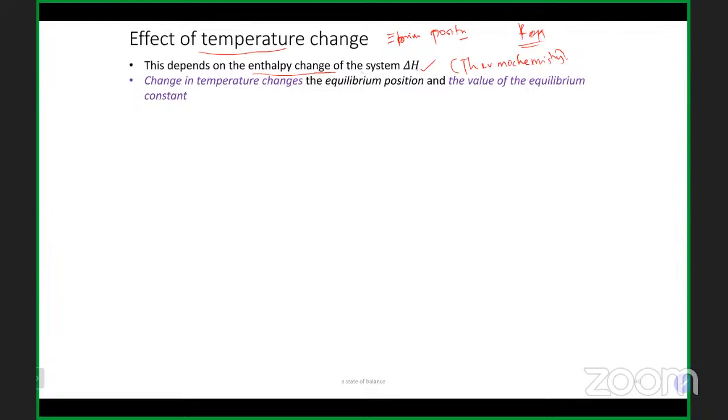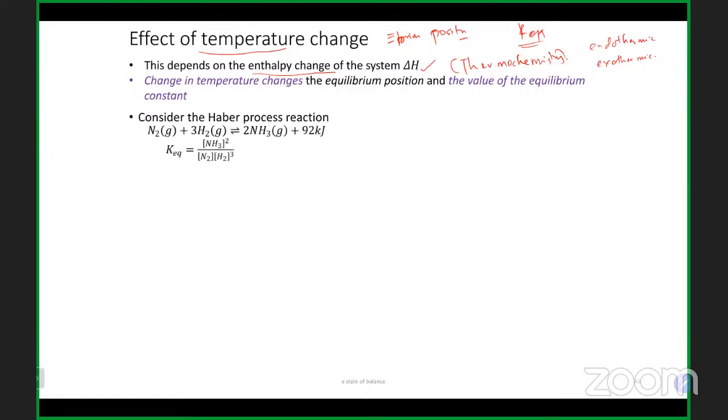Under that, looking at delta H, we want to know whether a reaction is endothermic or exothermic. So let's consider the Haber process. This is an exothermic reaction. The forward reaction is exothermic. Let's put it that way. Because when you say something is reversible, which two reactions are taking place?